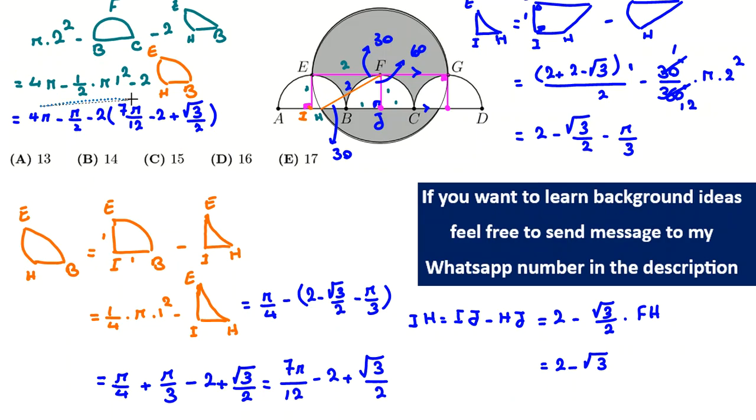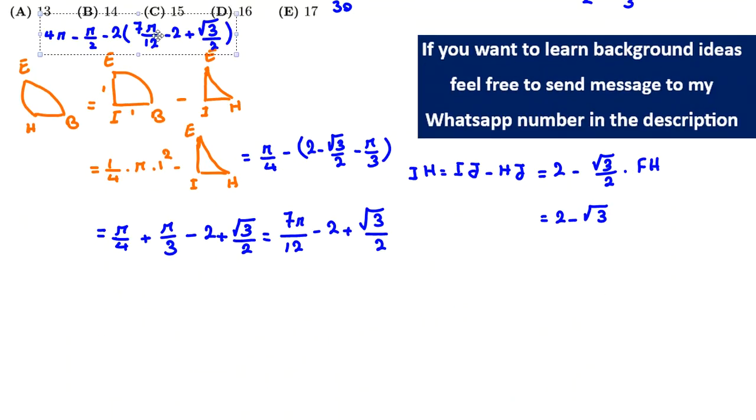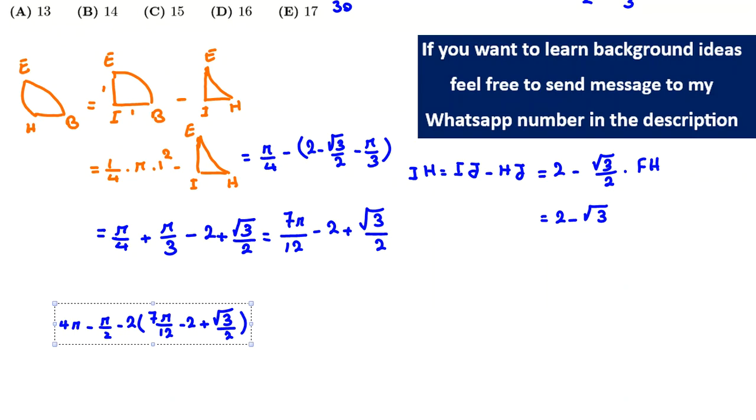Let me copy this part. And let's calculate it here. It is our answer. So for pi, it will be 4 pi minus pi over 2. Let's multiply this by 2 minus these 2, and this 12 will be 7 pi over 6 minus 2 times minus 2 plus 4 minus 2 times root 3 over 2 minus root 3.